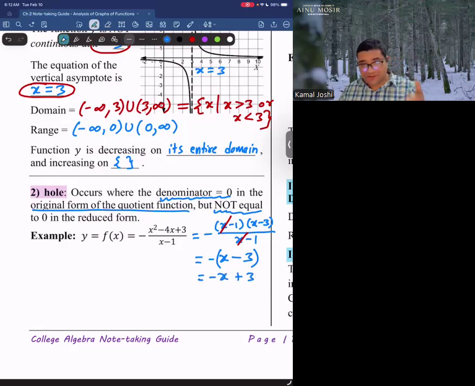See? So the function originally is a quotient function, but when you reduce it, it is just the function y equals minus x plus 3, which we know is a straight line, right? The graph of the equation of a straight line. We will now look at the graph of this function on the right side of this page.